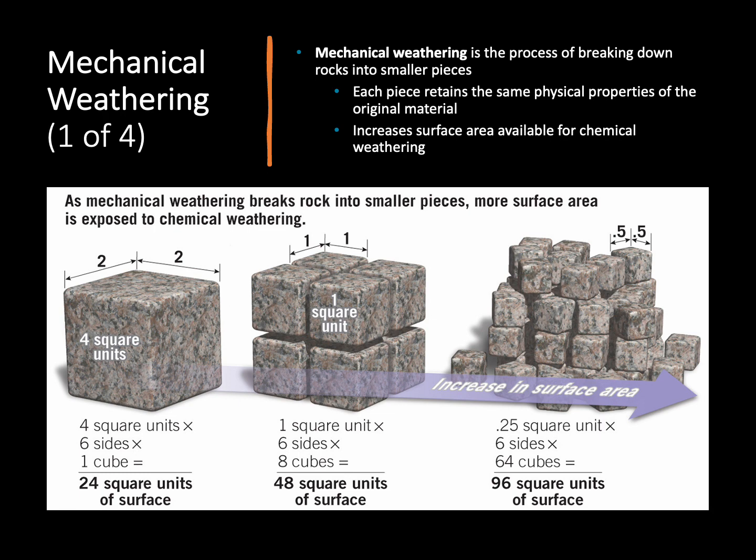Each time I break that rock into a smaller and smaller piece, each piece keeps the same physical properties that it had when it was a larger rock. But what I'm doing by breaking it down into smaller pieces is I'm actually increasing the surface area on each individual piece, which will allow chemical weathering to occur, which in turn will cause the rocks to break down even faster.